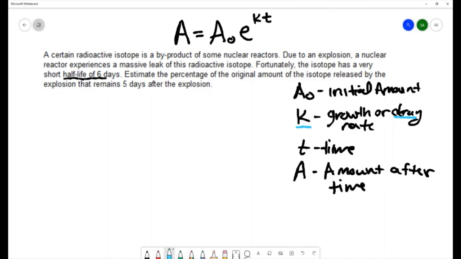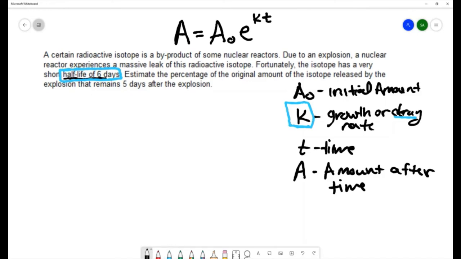So this piece of information, given that the half-life is 6 days, is enough information for me to calculate the decay rate for this model, for this radioactive isotope.